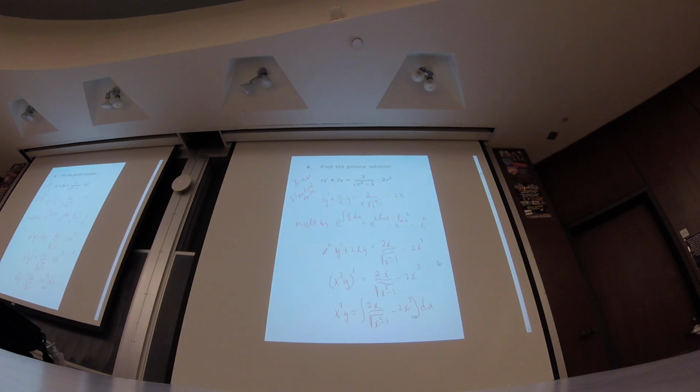And I can. Oops, here, I can lower this down. This says x squared y is, what is this term? This is u to the minus 1/2. If you put u equal to x squared minus 1, du is 2x dx. So this is u to the minus 1/2. The integral of u to the minus 1/2 is u to the plus 1/2 divided by a half, which is times 2.